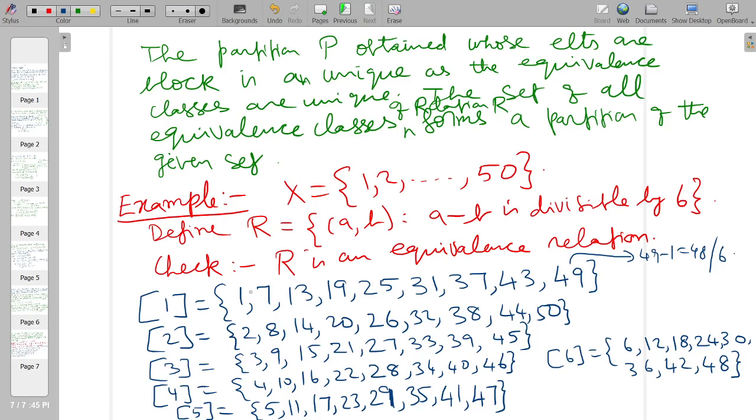You can have lots and lots of examples here, and this is one such example.